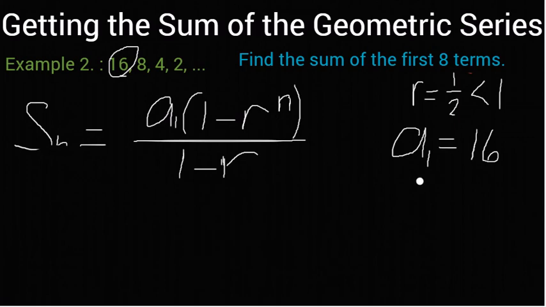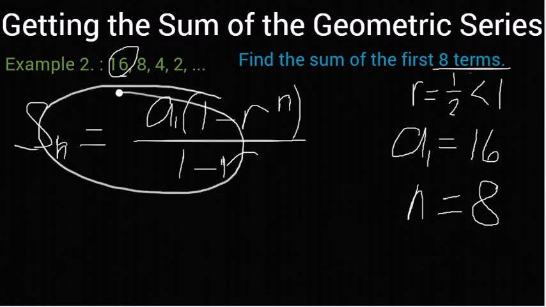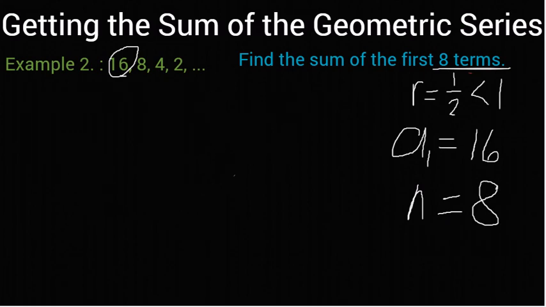Since we already know that the sum exists, we will proceed to get the sum of the first 8 terms. Let's continue with the given. n is 8. Let's use this formula. Again, S sub 8, because it's the first 8 terms.